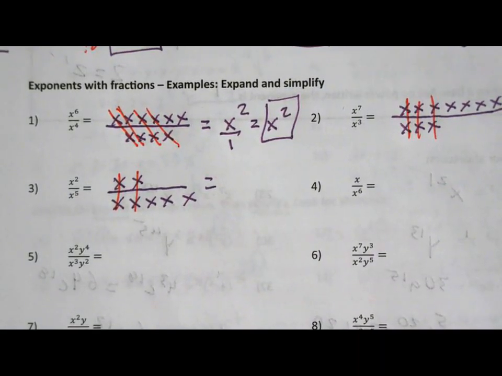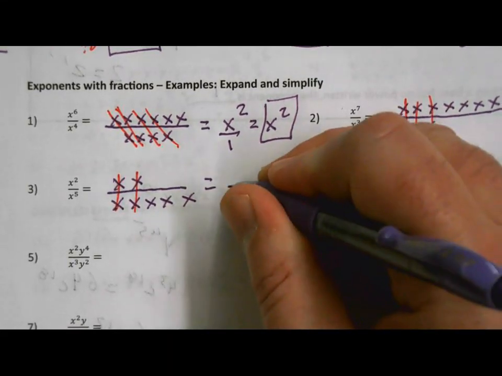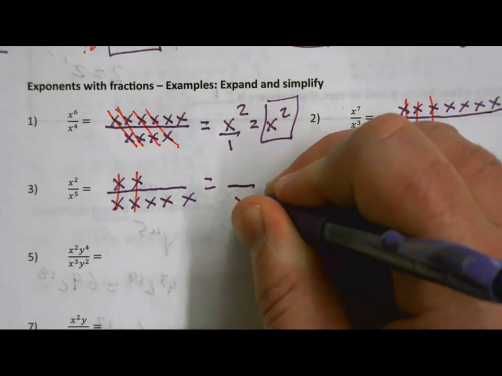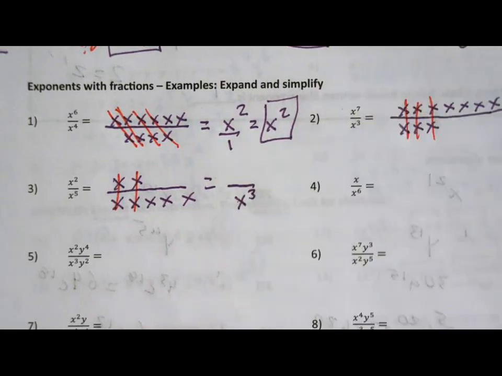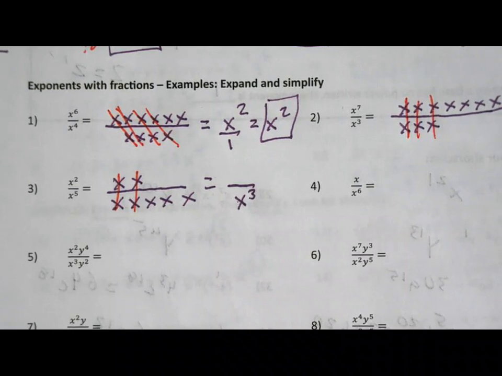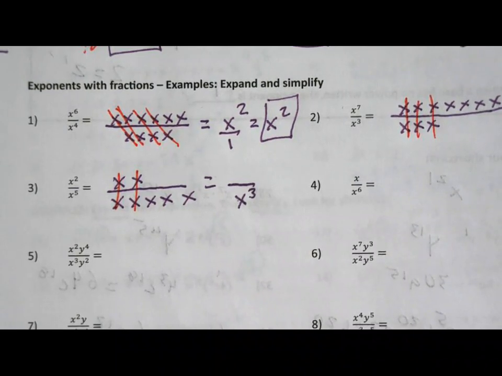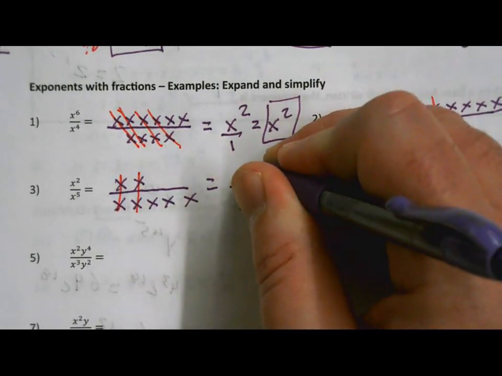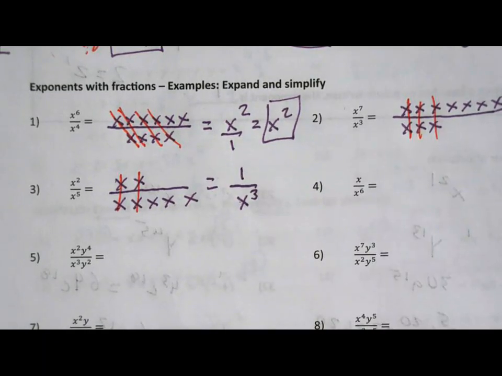See 3 leftover x's? Where are they? They must go on the bottom of the fraction. Now there's nothing left on the top. When there's nothing left, what do we put? Not 0, a 1. When everything cancels and nothing's left, there's still a 1 there. All right, that is the answer.